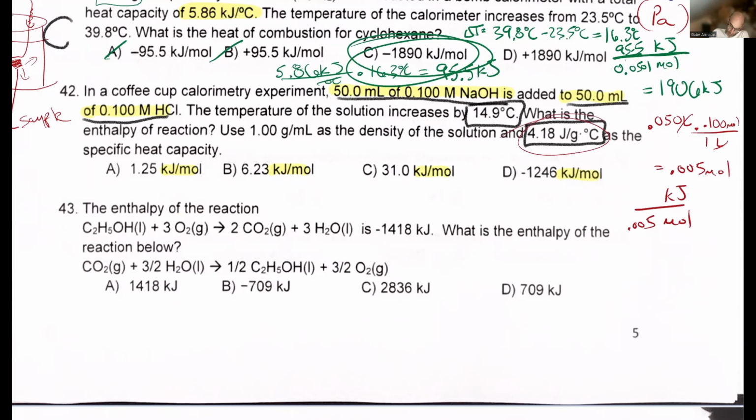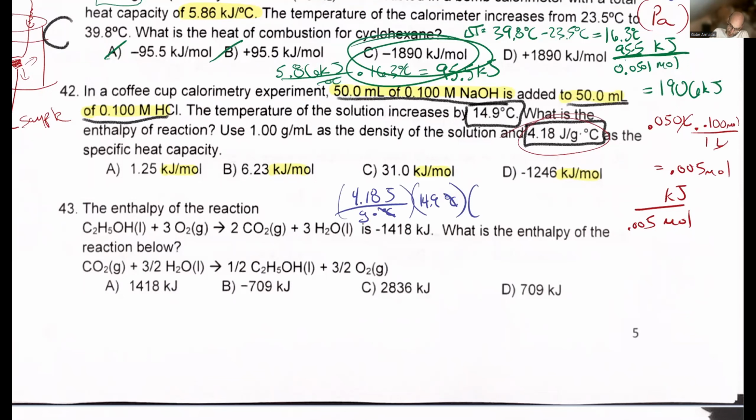We don't need to know any equations, it certainly helps, but 4.18 joules per gram times degree C. So what I need to know is I want grams and degree C to go away. So let's get rid of the degree C first. I know it was 14.9 degrees C. Degree C cancels.